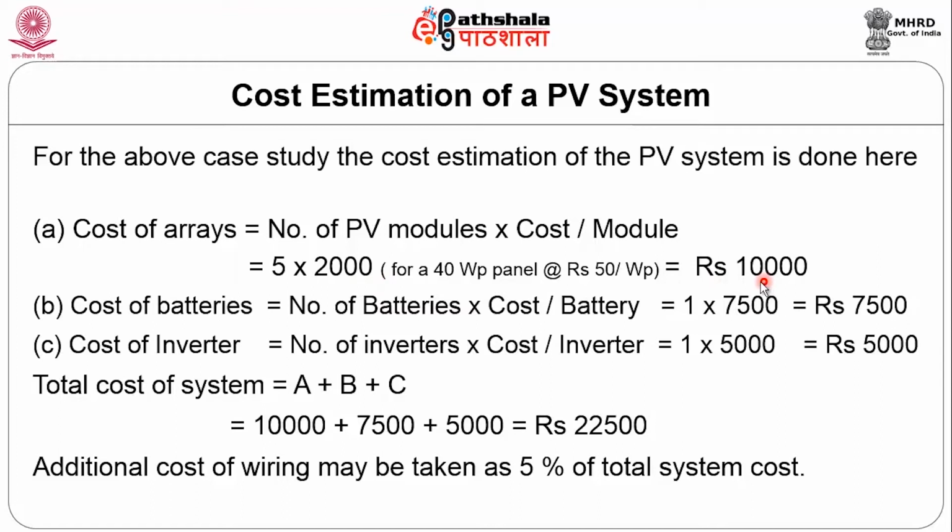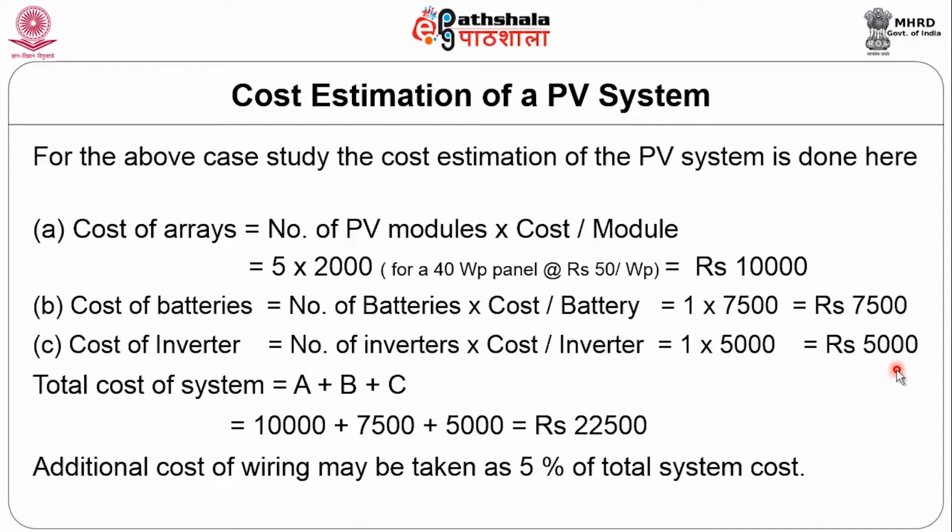Cost of battery, number of batteries is 1. One battery costs approximately 7,500, so totally it is about 7,500. Cost of the inverter, we need one inverter, roughly about 5,000 rupees.